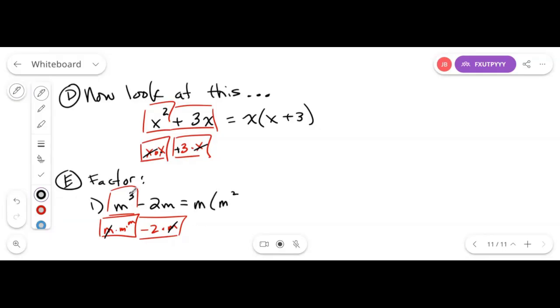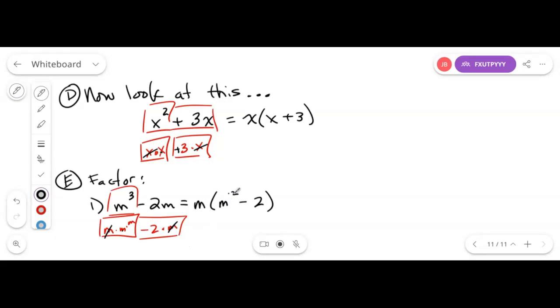I only took one of those m's out, and I did that because the second box only has one m in it. So if I'm going to take the same thing out of both boxes, I can only take one m out. So the m times m is left over, m squared, and the -2 is left over.